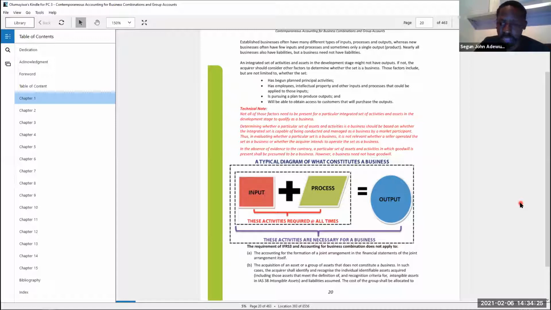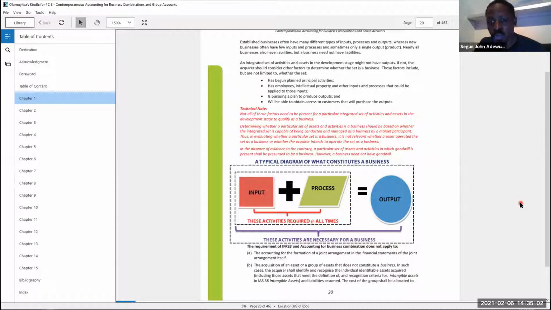The inputs are things like the assets and the liabilities of the company, the processes are like the experienced employees of the company to be taken over, and the outputs are maybe the products and the services of the company. So what actually constitutes a business combination is a combination of the inputs and the processes, and not necessarily the combination of the three: input, process, and output.